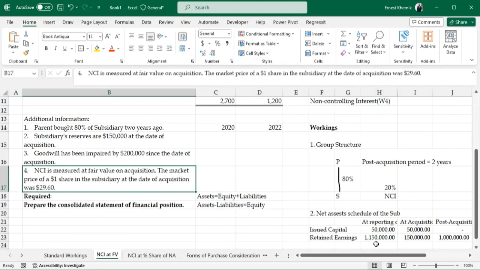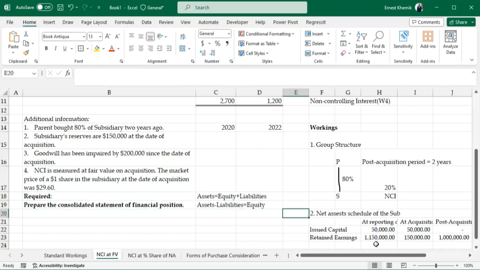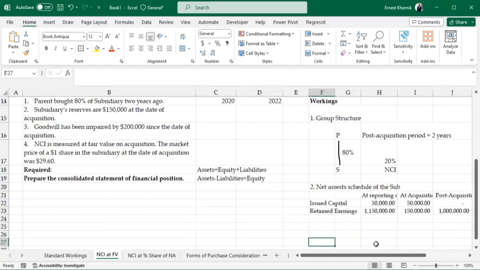We are going to take more complex questions for you to understand what might come here again. Now, what you must know is that in the net asset schedule, all items relating to the subsidiary are treated in this particular schedule.